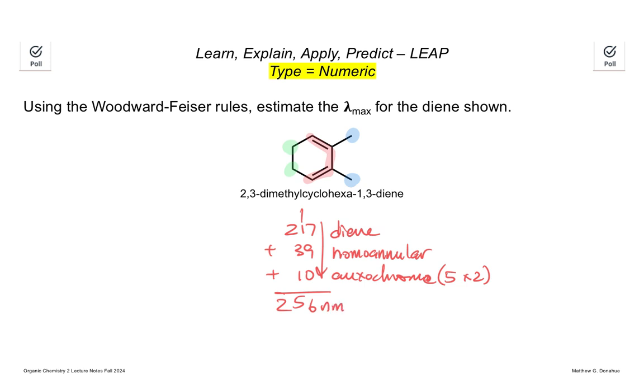So that's going to give us 256 nanometers. Yeah. What? 266. I can't even do math.